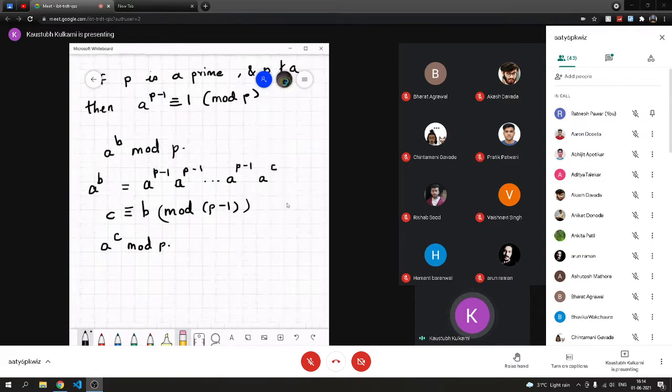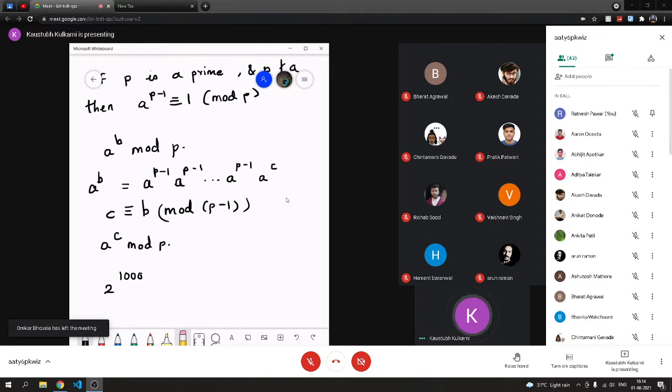So to illustrate what I'm saying, let's say we want to calculate 2 raised to 1000. We want to calculate the remainder. I'll say it in plain English in two ways. One way is, if 2 raised to 1000 is divided by 13, what is the remainder? And other is, what is the value of 2 raised to 1000 modulo 13?